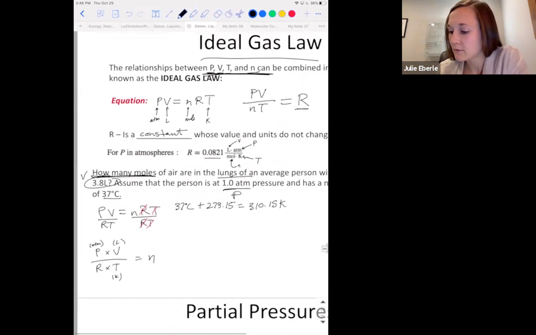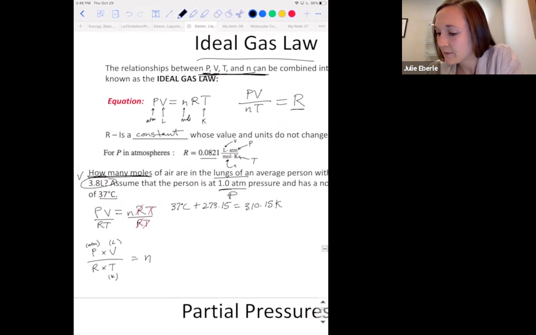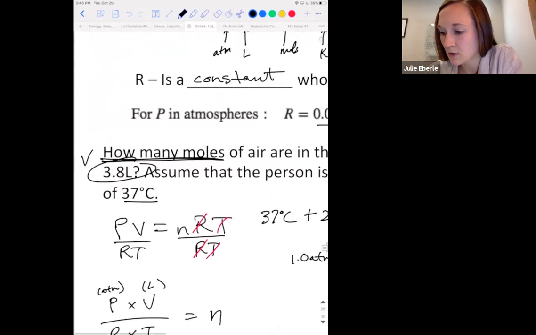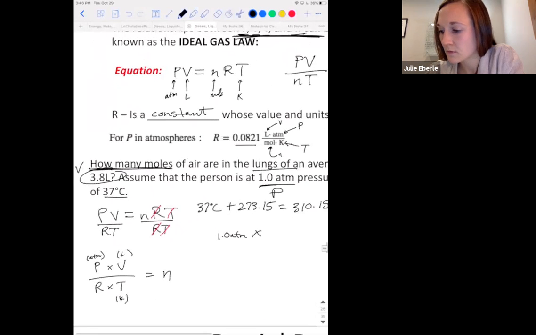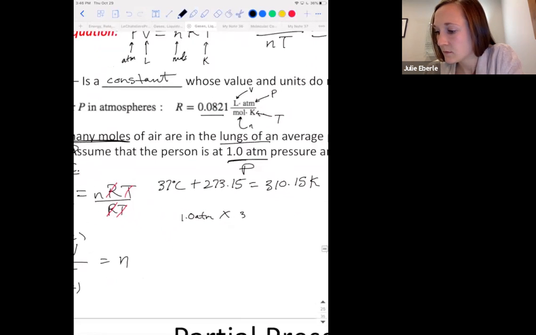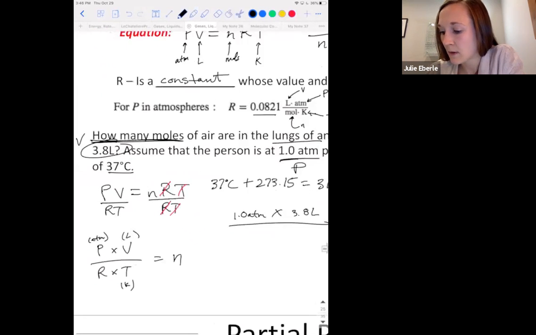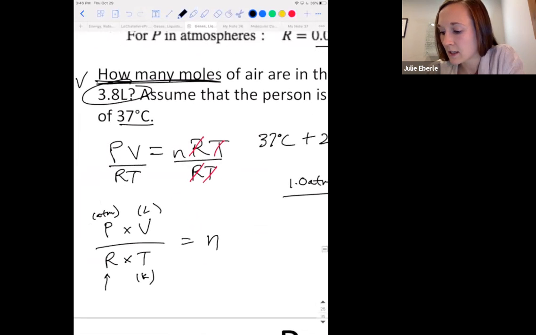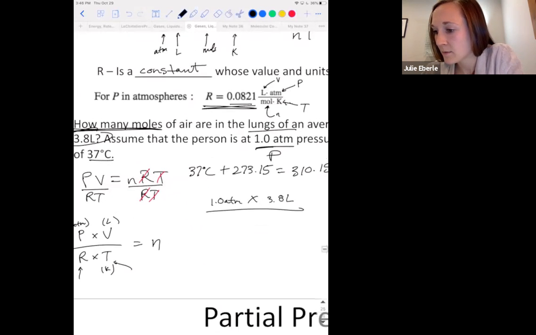Now we can plug it all in. So we'll do P times V on top. That's 1.0 ATM times V, which, the problem says, is 3.8 liters. Divided by, on the bottom, we're going to plug in R and T. So R is up here, 0.0821.